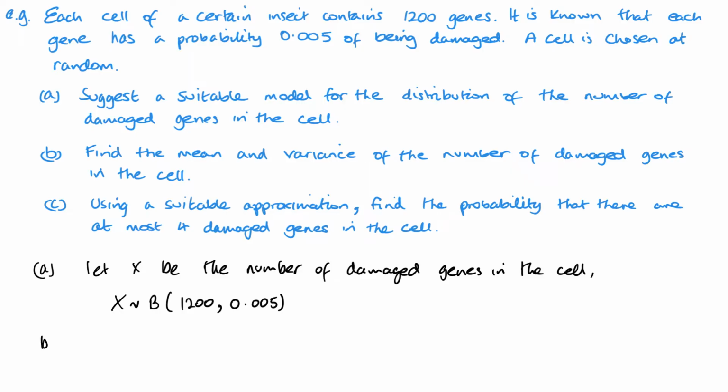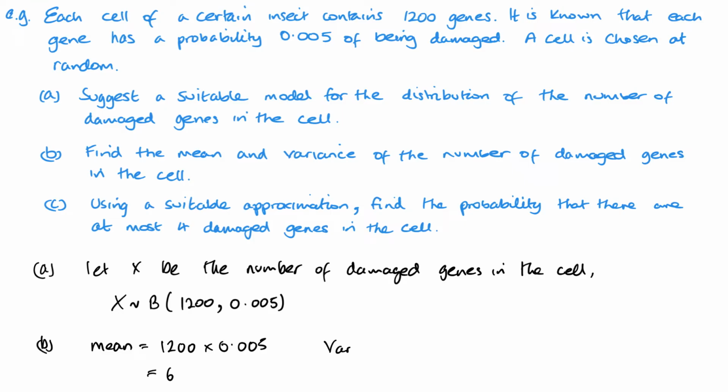Now part B is all about the mean and variance, and the mean of a binomial is N times P, so it's 1200 times 0.005. So just go to my calculator, 1200 times 0.005, and that actually gives me a mean of 6.